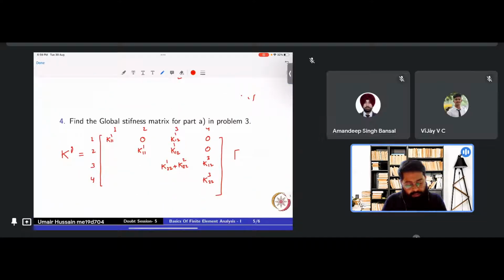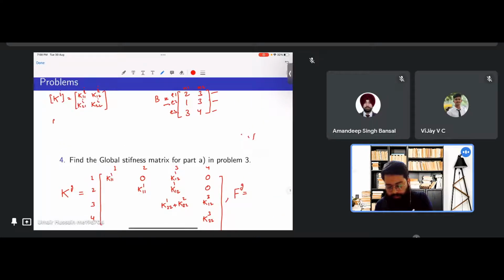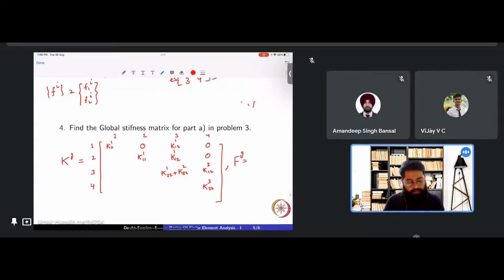And can we find the global F also? Suppose for each element Fi is given as F1i, F2i. So how should we write this? So we'll of course have four contributions.